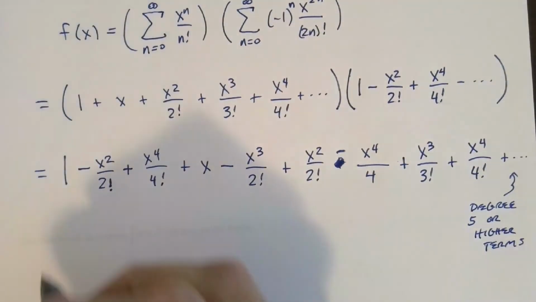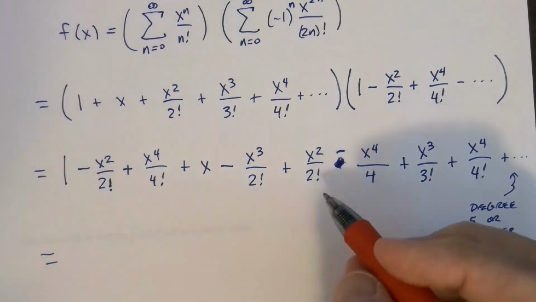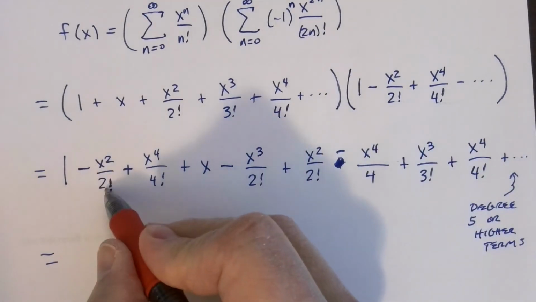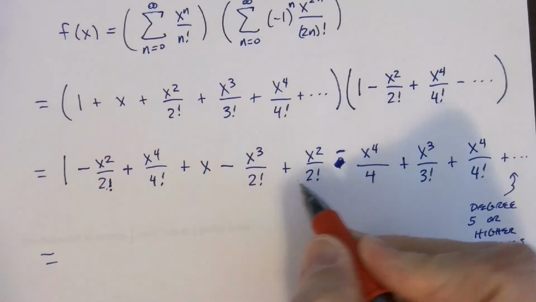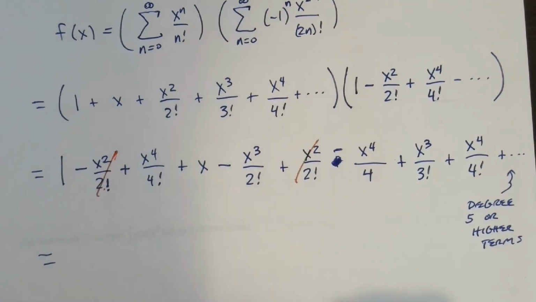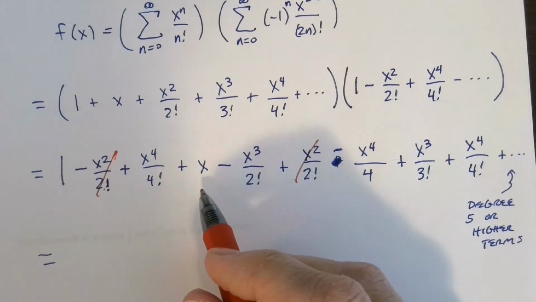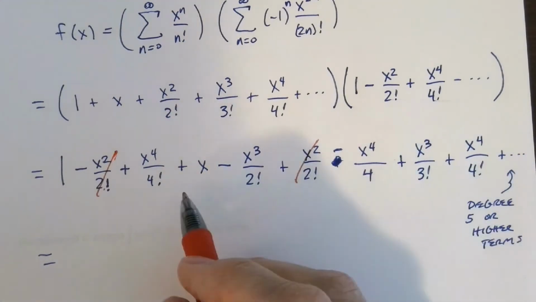But now we just simplify this, and you'll notice here that some things will simplify down. Here I got negative x squared over 2 factorial, positive x squared over 2 factorial. That becomes 0, doesn't it? Well, let's just see what I've got.